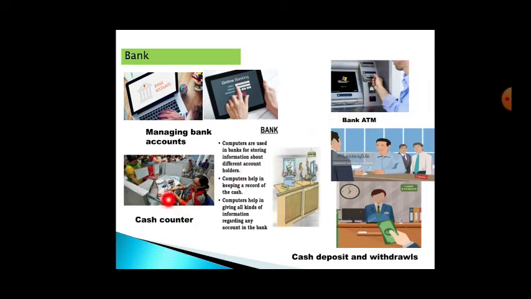Next is the cash counter. Can you just see here, it is also computerized. Here they take the cash and check the amount, whether it's correct or not. Everything will be done by the computer. Next is cash deposit and withdrawal. You deposit the cash, and it will be checked in the computer and fed in the computer. You can also withdraw the cash.